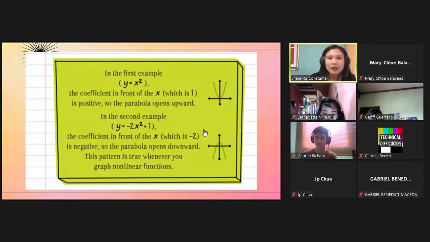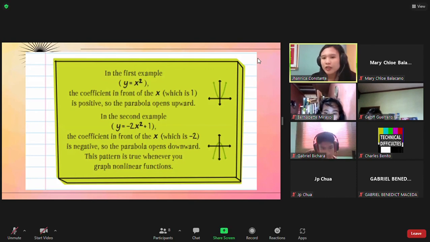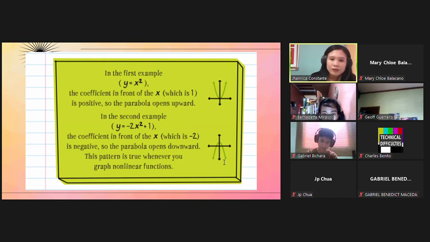If you have a negative leading coefficient for your function, the graph will open downward. That is how we're going to identify the direction of our parabola. If you have a positive coefficient in the first term of your function, it will open upward, and if you have a negative, it will open downward. So that is about quadratic function.